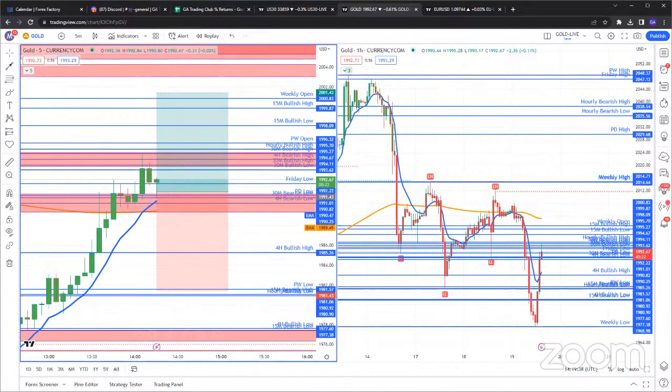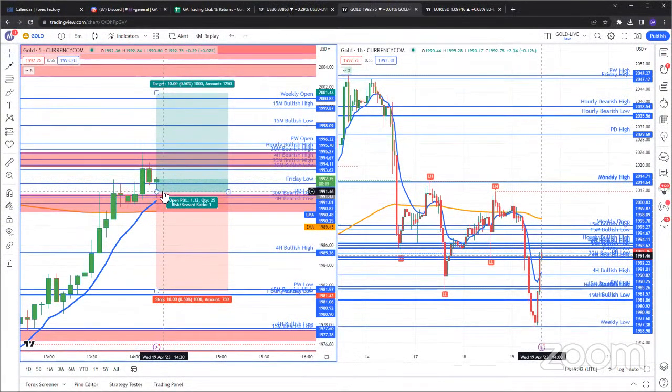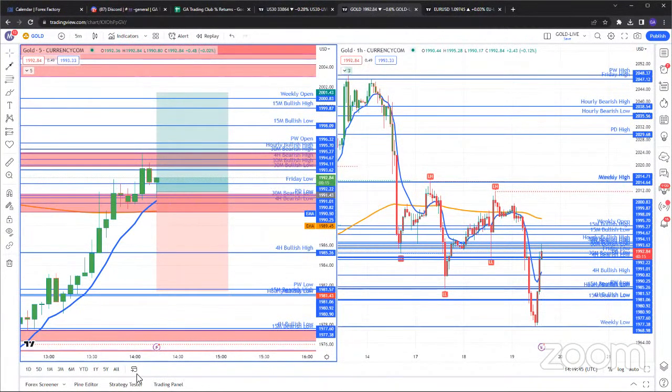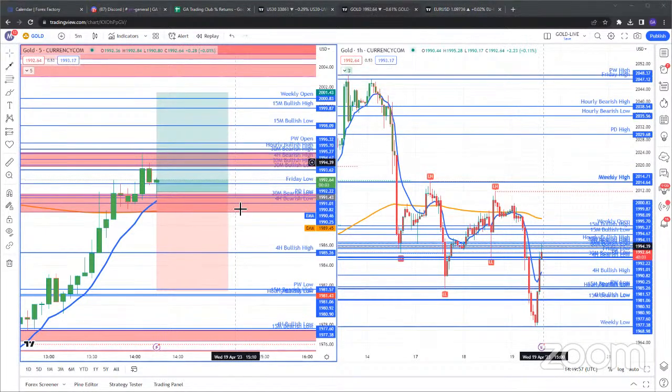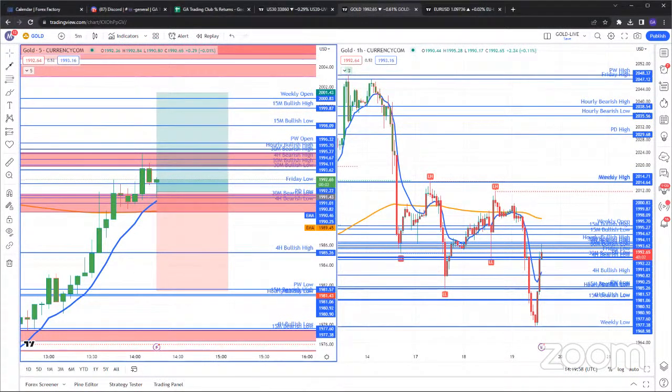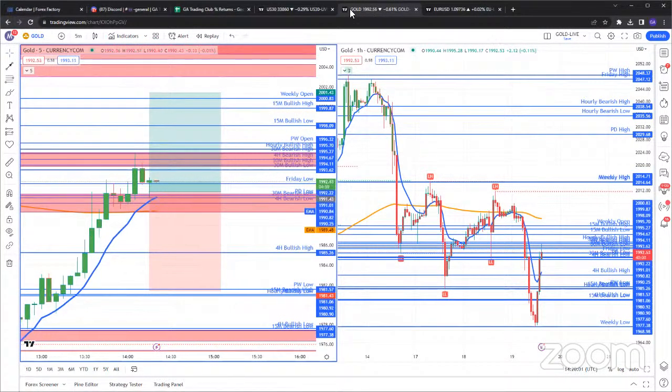But that trade, if you did enter with me also, that trade is also 10 pips in profit for you. Gold is still bullish, EU is bullish, US 30 is 50-50. And there goes gold.